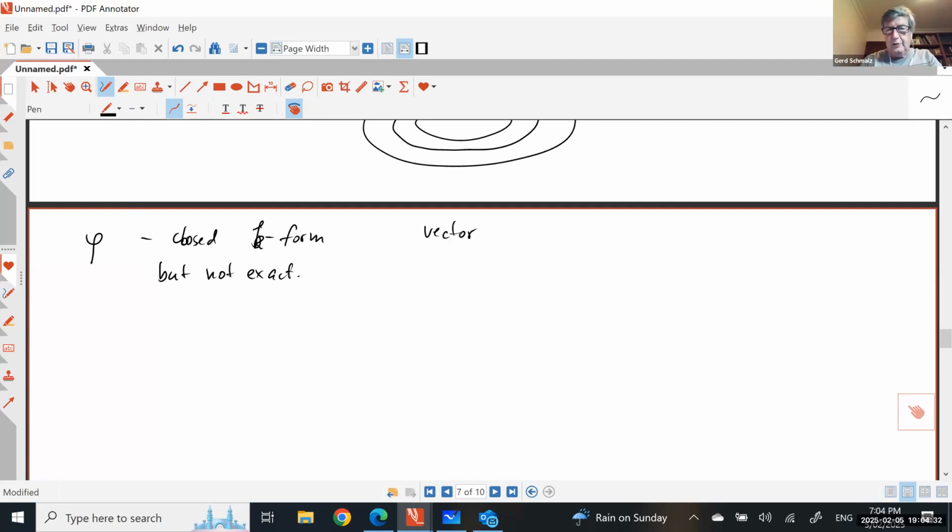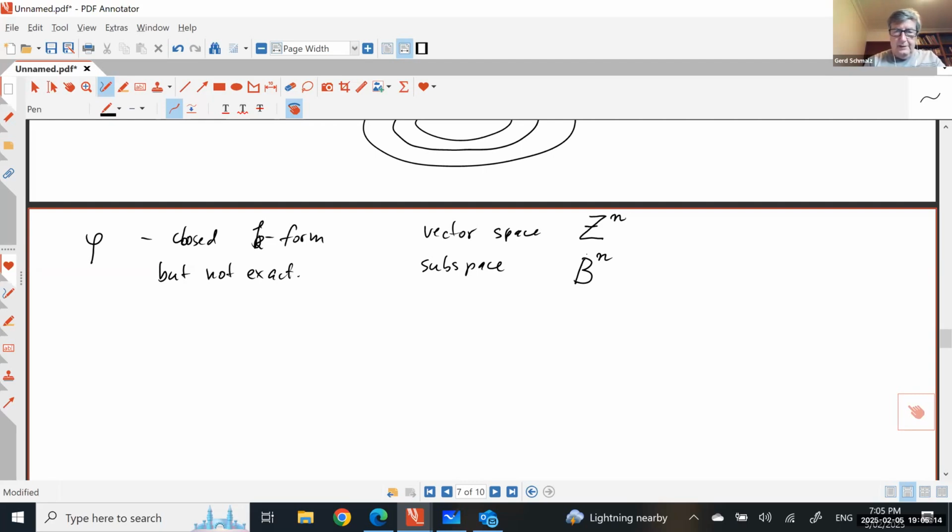Well, the sum of two closed forms is again closed. Scaling closed forms makes them closed. It is a vector space. And the exact forms are a vector subspace. And let's call this space Z, maybe with an n on the top, and the subspace B with an n on the top. So B is also like boundaries, not just exact.